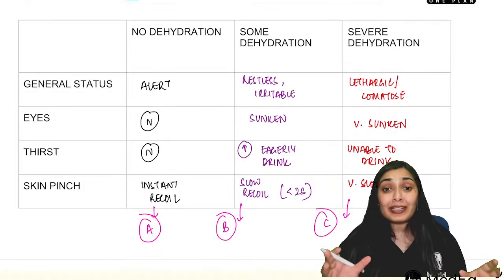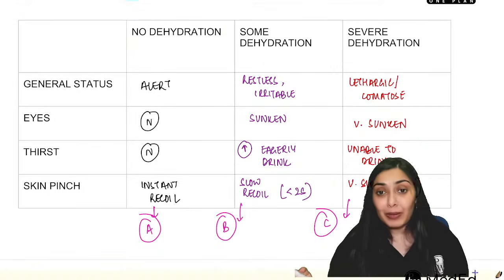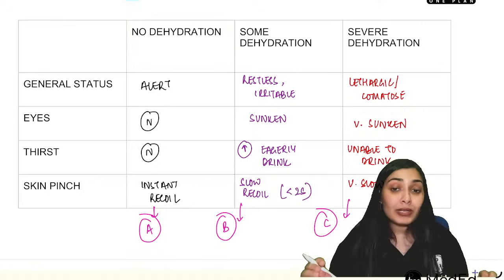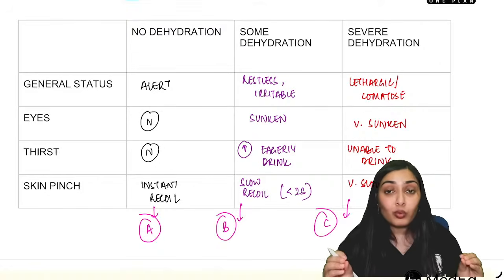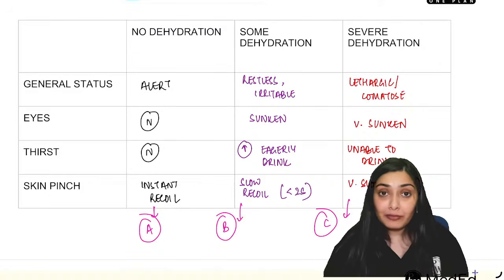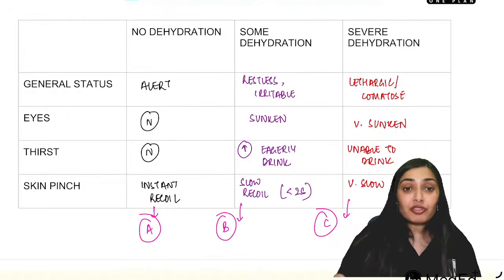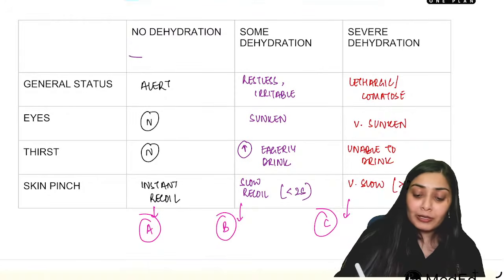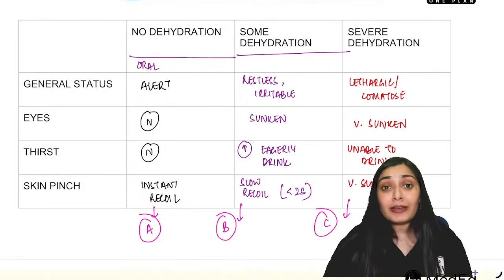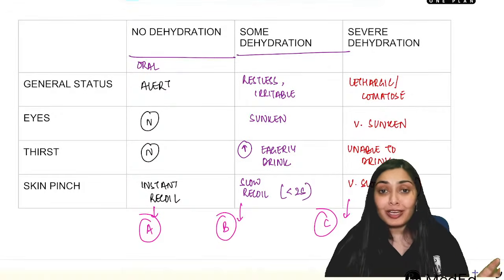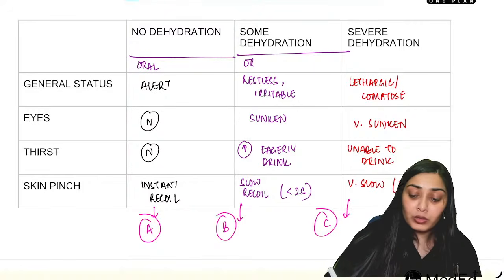Remember, giving orally is always the best. If the child can drink orally, no need to give IV, right? So in no dehydration, I know the thirst is normal, so I can give oral. In some dehydration, again the child is drinking very eagerly, so again I can give oral.